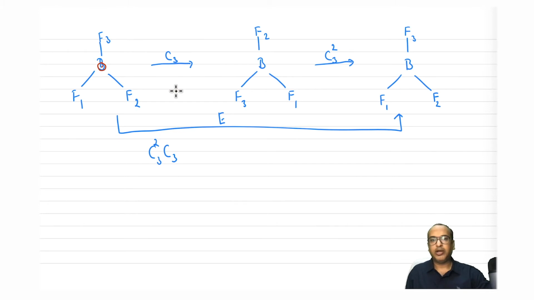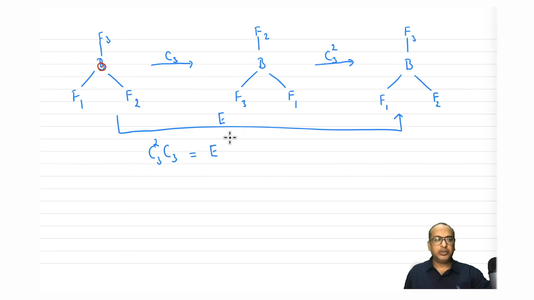So remember the order we have used here is C3 is operated first and C3 square is operated second. Although in this case it does not matter, we'll see why. Is equal to E, right?